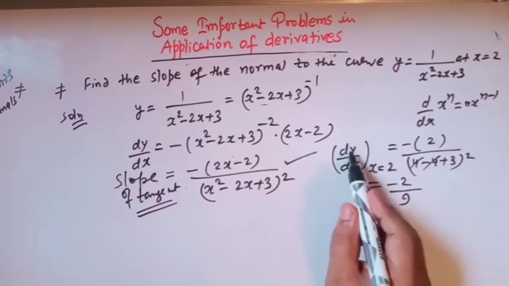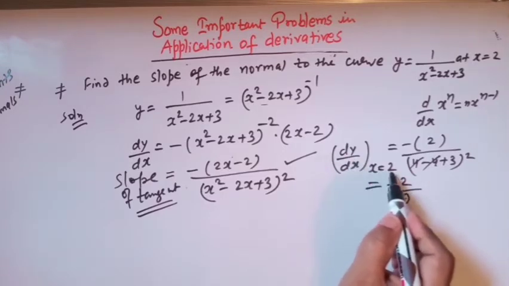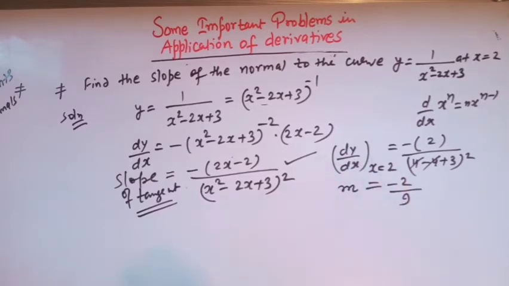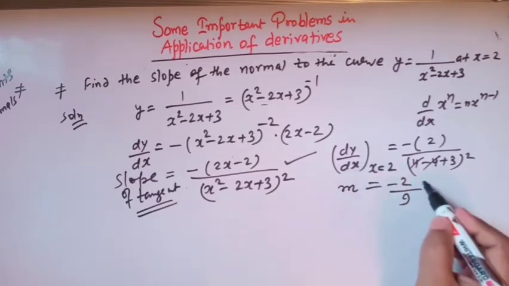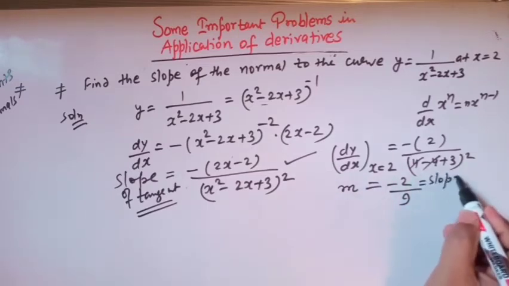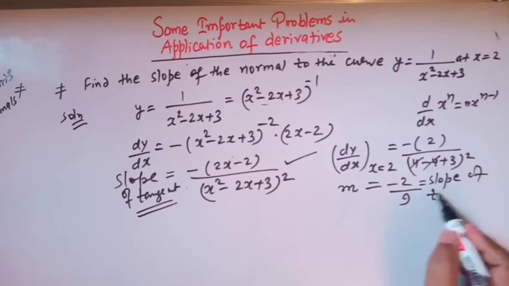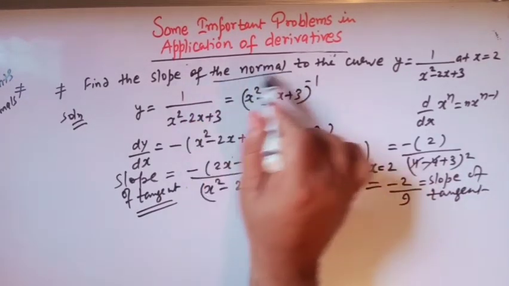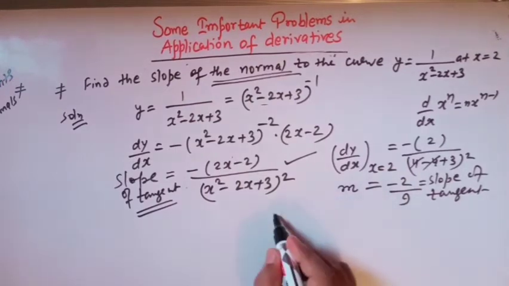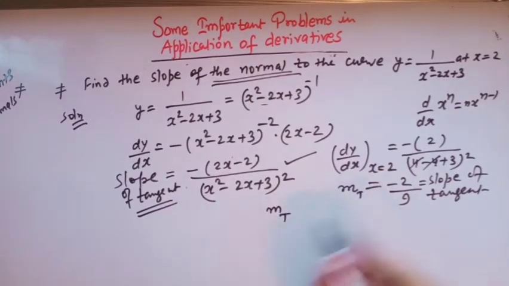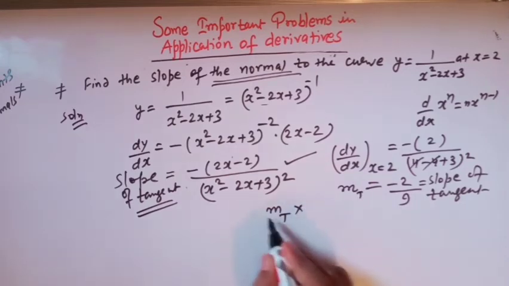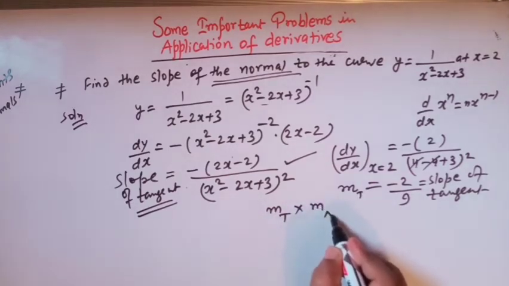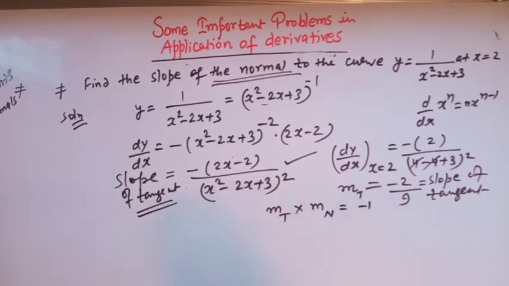So here's dy over dx at x equal to 2, let us denote it by m. So this is the slope of the tangent. Always remember, this is the slope of the tangent, but we have to find the slope of the normal. We know that slope of tangent, say this is mt, times slope of normal is equal to minus 1.